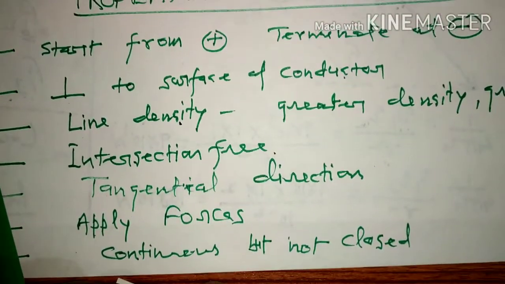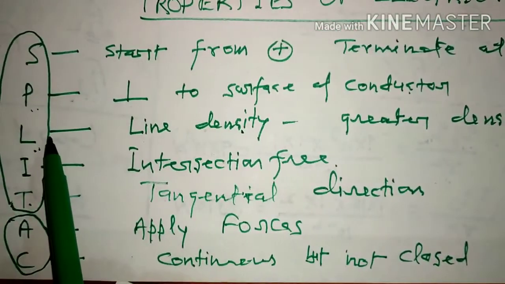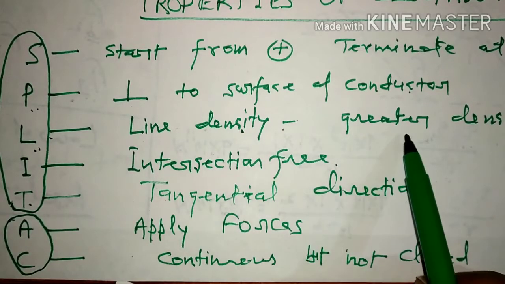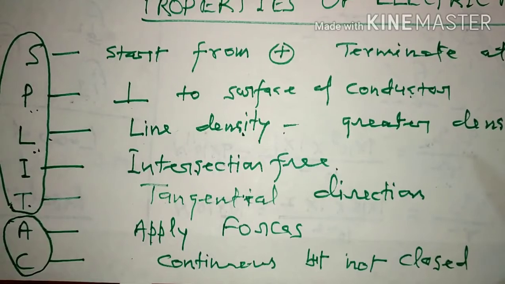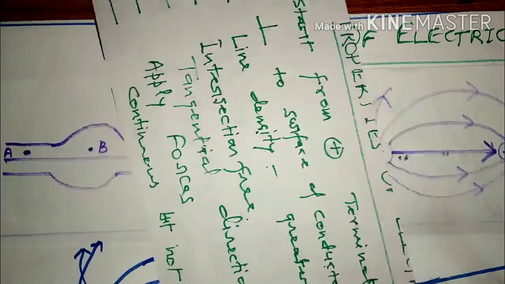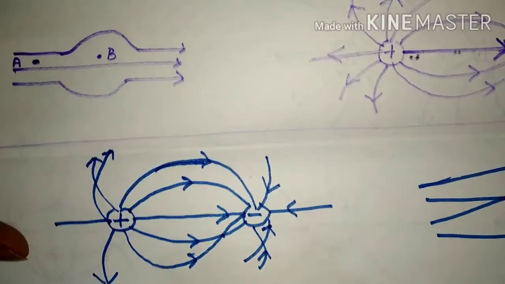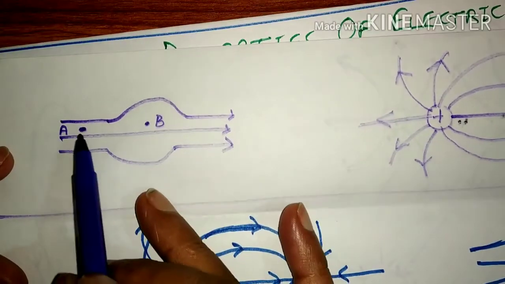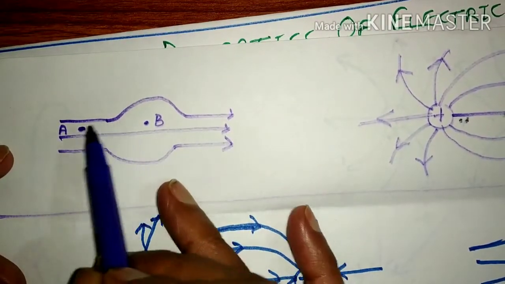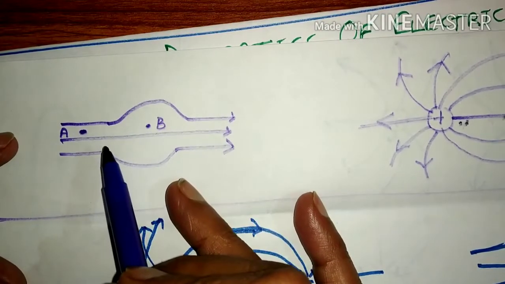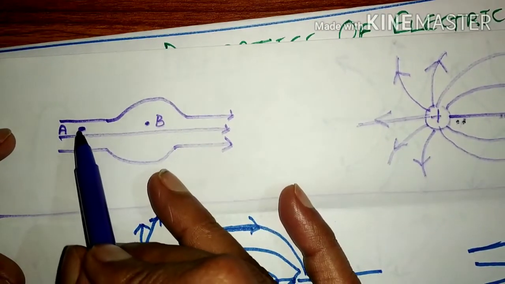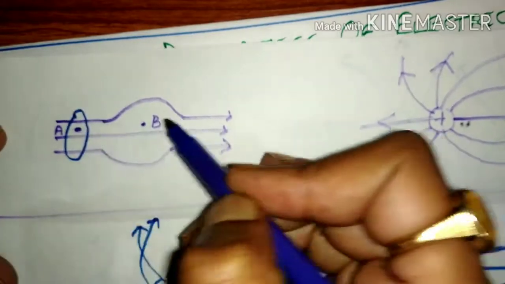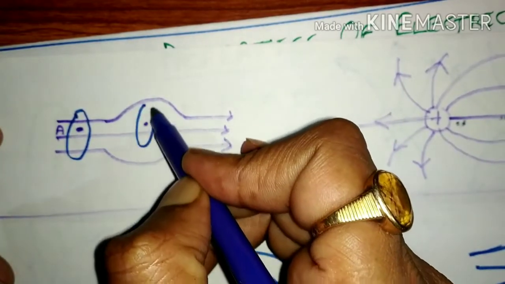Third, line density. Greater the line density, greater the strength of electric field. Here these are the field lines due to some charges or system of charges. At point A, just you see the line density.